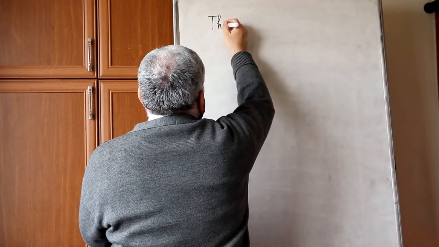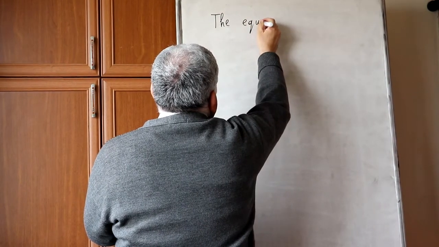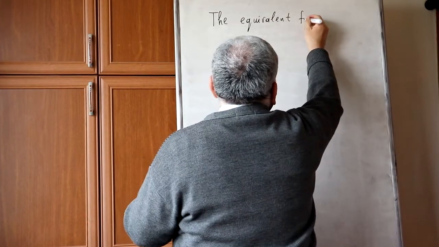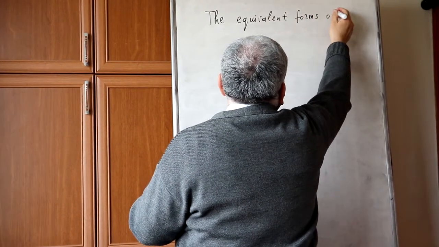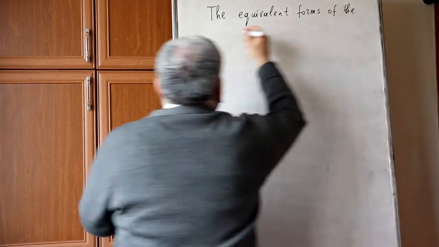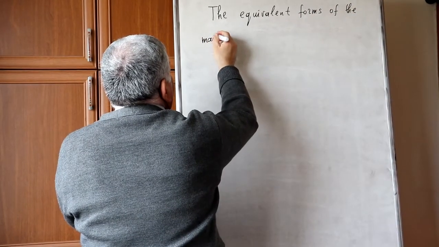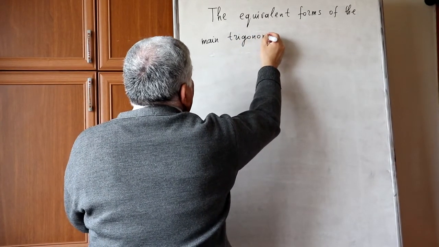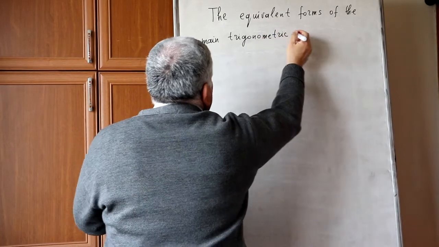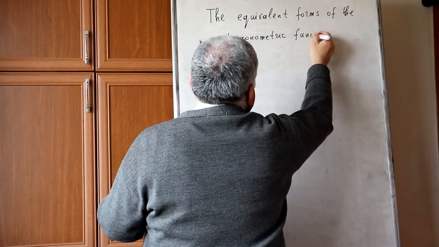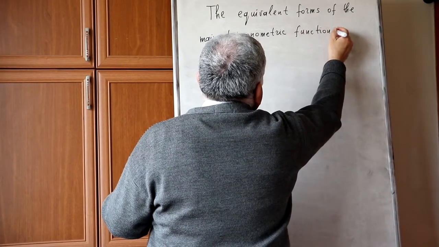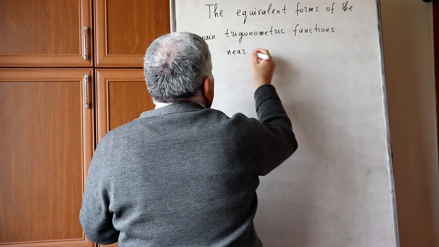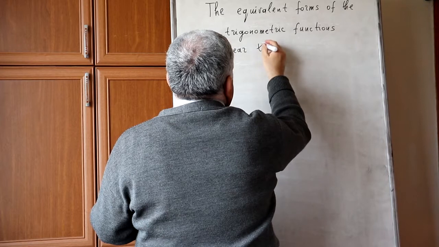The equivalent forms of the main trigonometric functions near the 0 point.